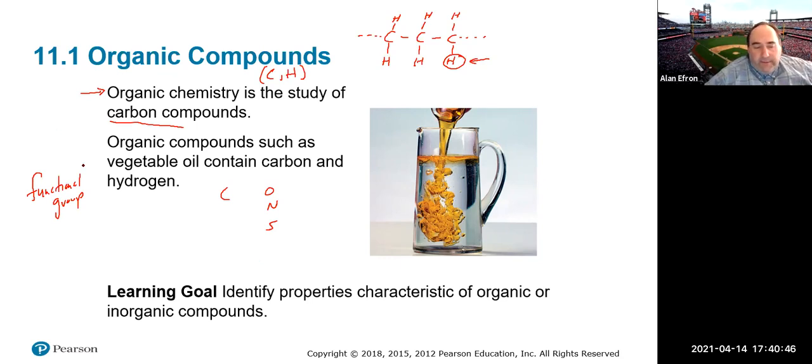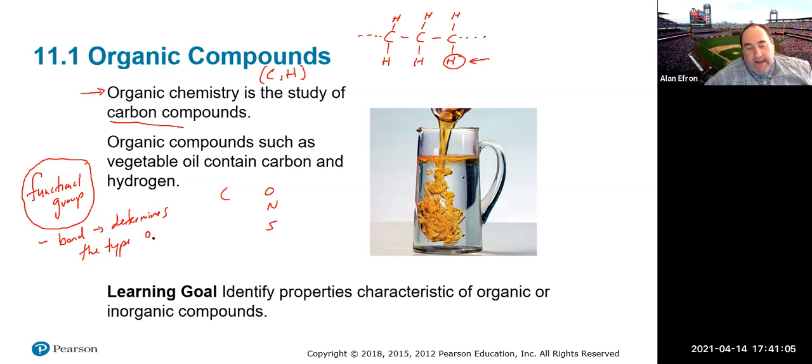What really determines what type of organic compound we're looking at is what is referred to as a functional group. So this is really the bond, if you will, that determines the type of organic molecule we're dealing with. We'll see some examples as we go through these different organic chapters.